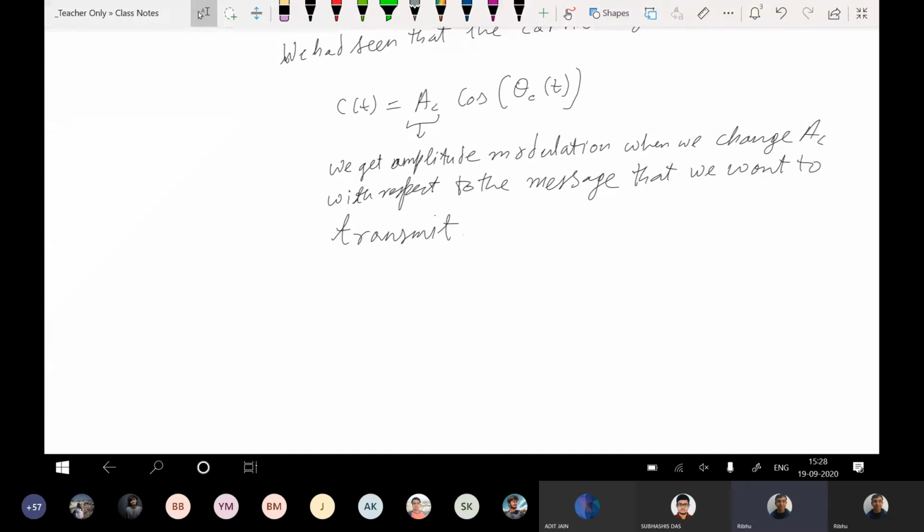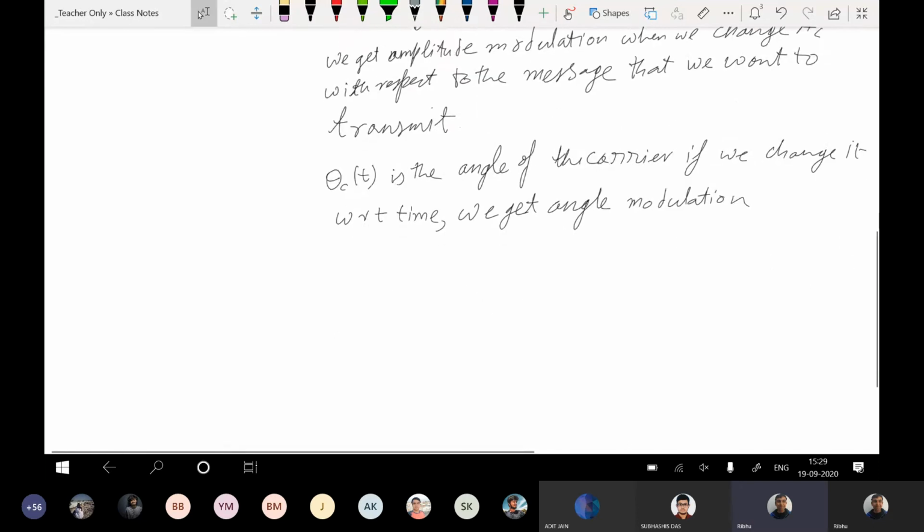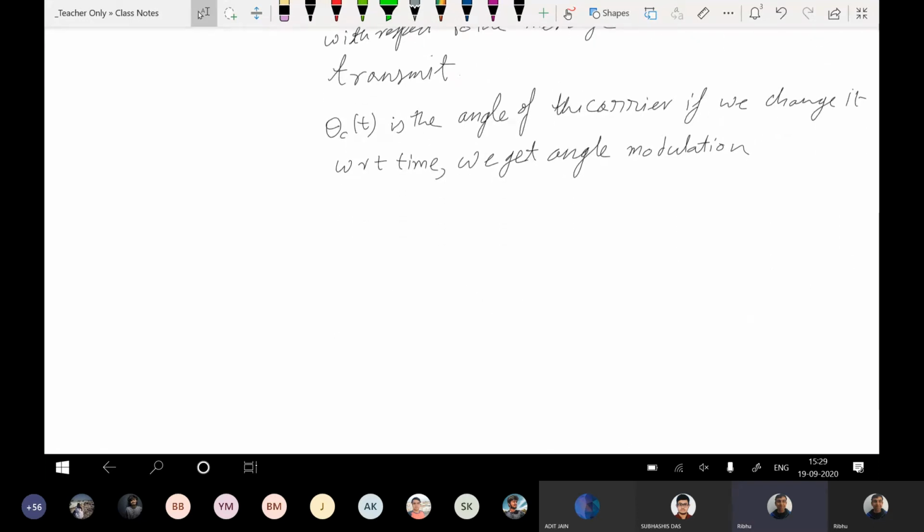If we change this theta_c(t), which is the angle of the carrier, we get angle modulation.